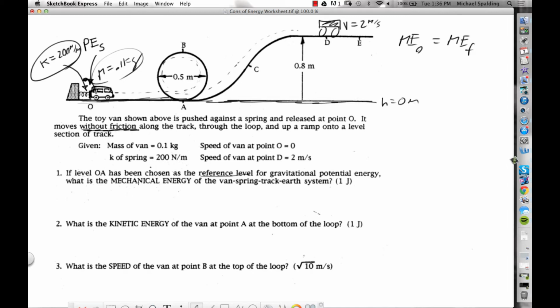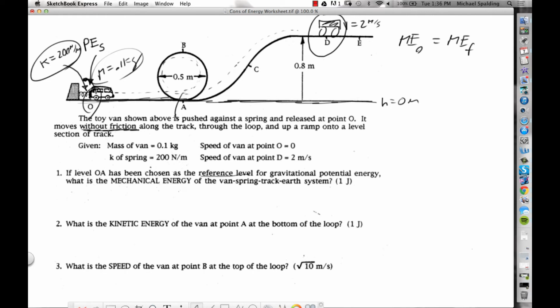Okay? So what is the mechanical energy of the whole problem? The only point where we have enough info to do this is point D up here. Why couldn't we use point O? Because we don't know how far the spring was smushed, right?